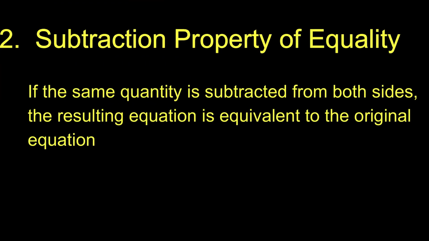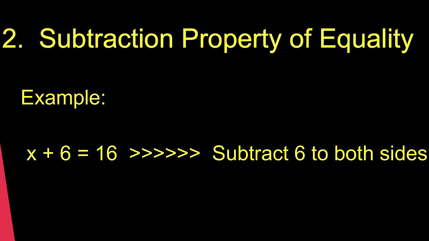Okay, so number 2, subtraction property of equality. If the same quantity is subtracted from both sides, the resulting equation is equivalent to the original equation. So for example, x plus 6 equals 16. So subtract 6 to both sides since that is addition.